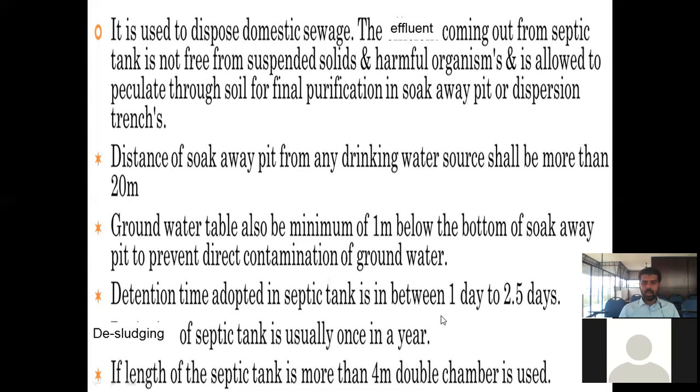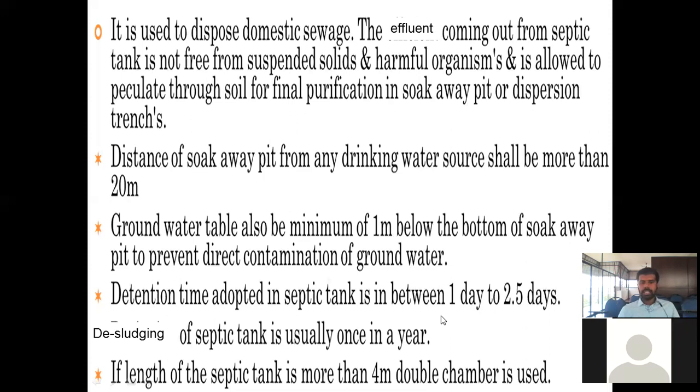Desludging of a septic tank is usually done once in a year. Desludging means that after 1 year the septic tankers come and take out whatever waste is inside the septic tank, and the tank is made empty.